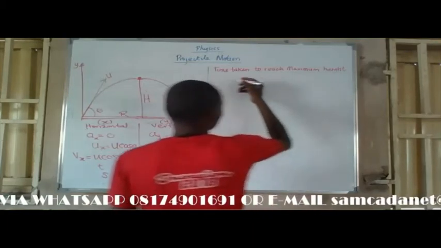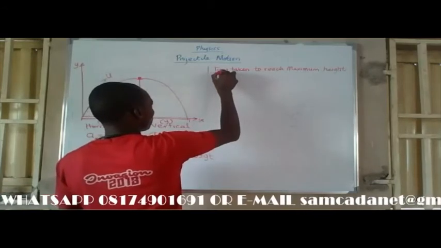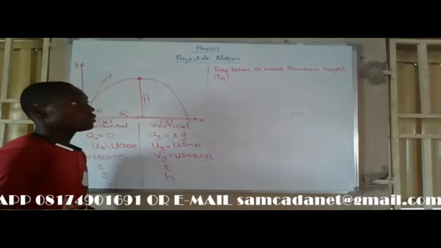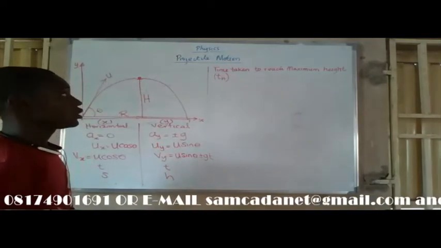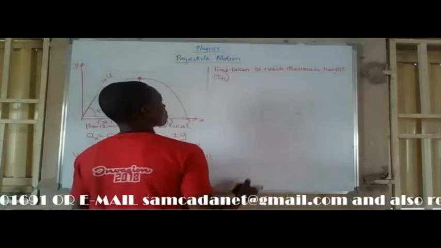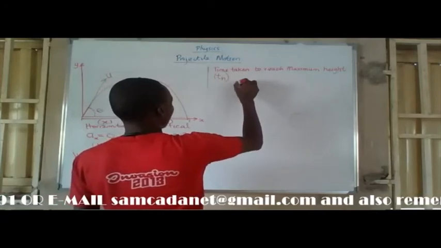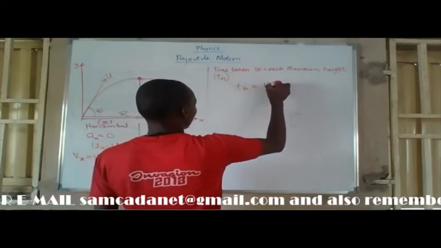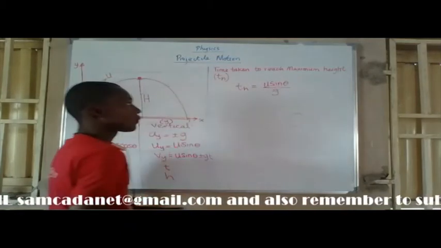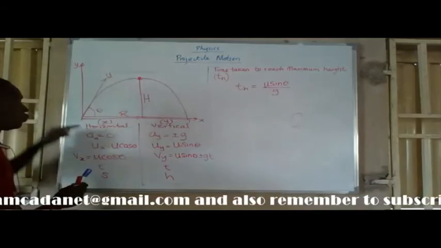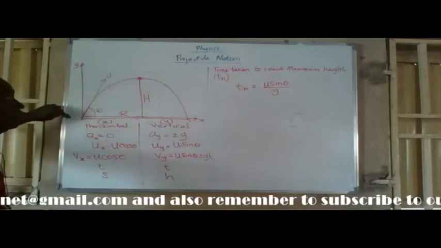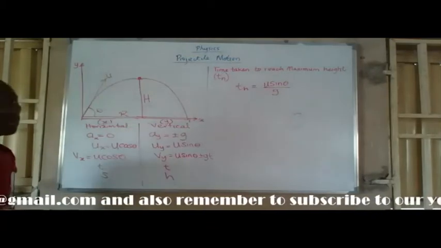The time it takes to actually get to the maximum height, TH, is expressed as follows. This is the time it actually takes to move from the point of projection to the maximum height.